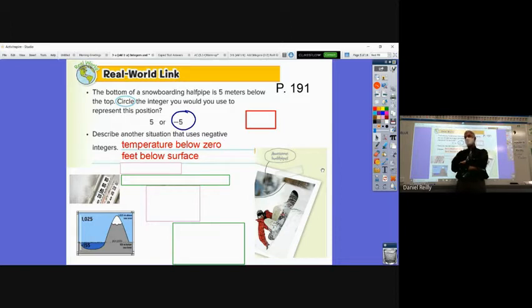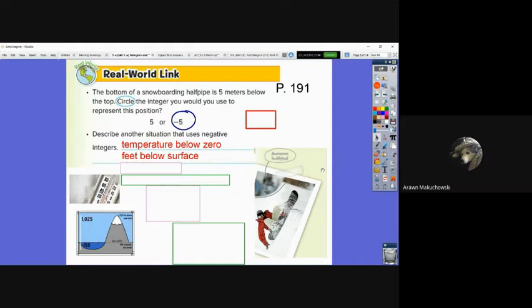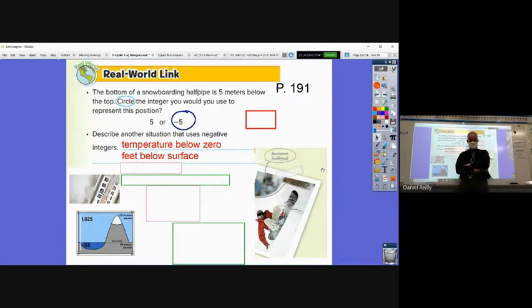What scale do we use? Fahrenheit. And in Fahrenheit, what temperature does water freeze? 32 degrees Fahrenheit is the freezing temperature of water.